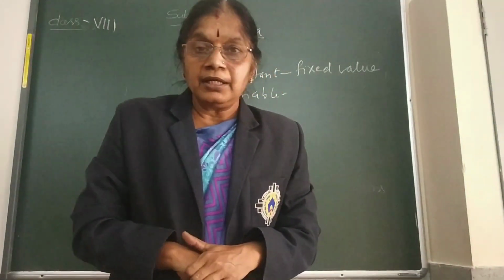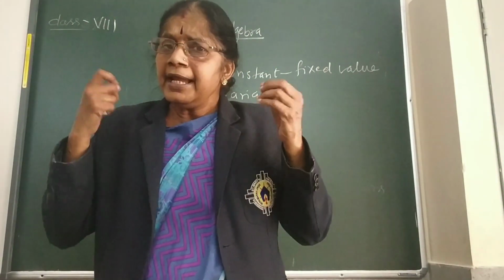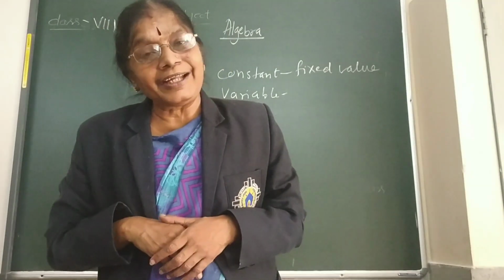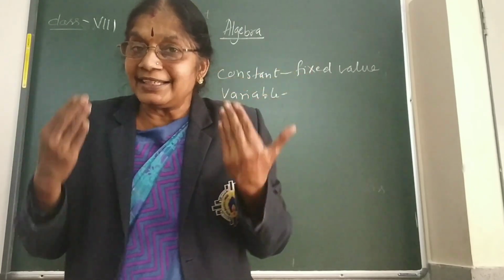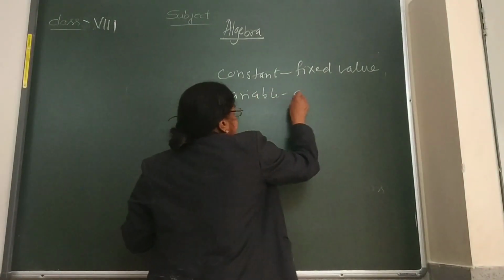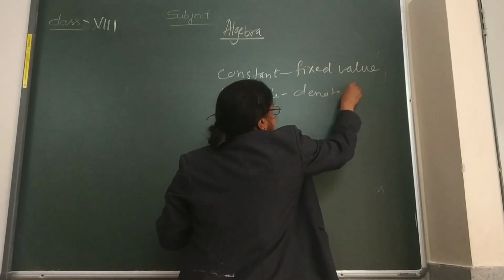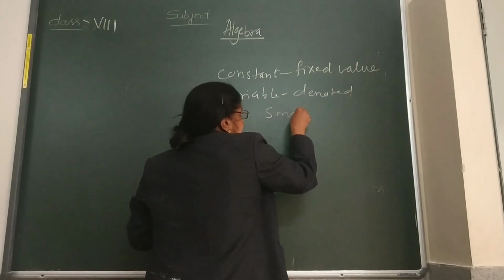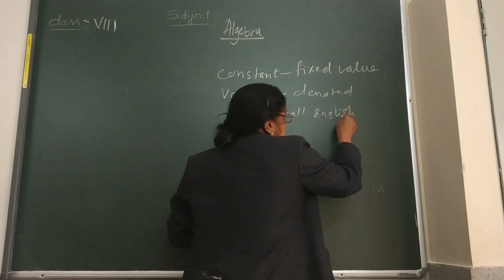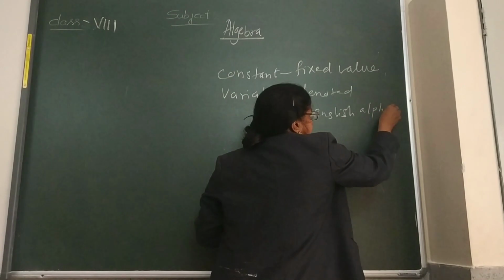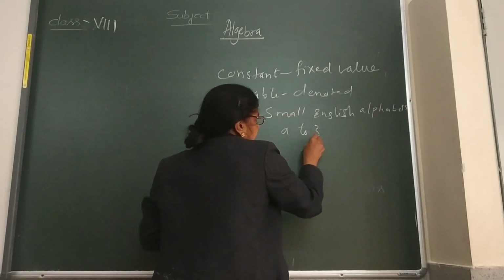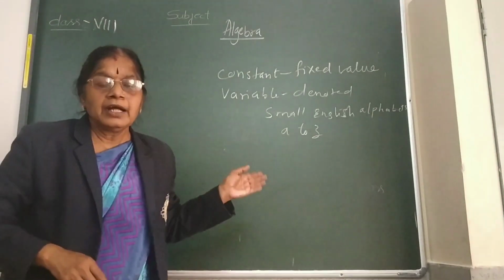For example, there is hair on your head. Can you count the total number of hairs on your head? You won't be able to count it. Such quantities we call variables. These variables are represented by small English alphabets, from a to z, whichever alphabet you want.